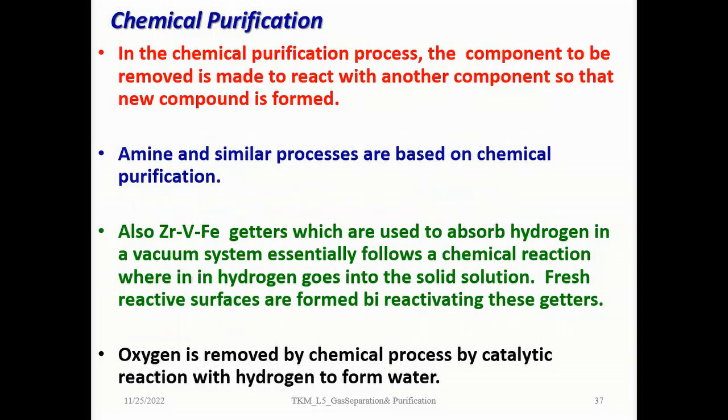Essentially, it follows a chemical reaction wherein the hydrogen goes into solid solution. Fresh reactive surfaces are formed by reactivating these getters. Oxygen, for example, is also removed in a chemical process by catalytic reaction with hydrogen to form water.